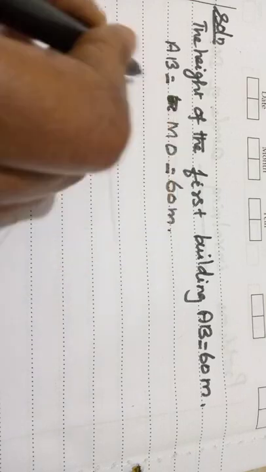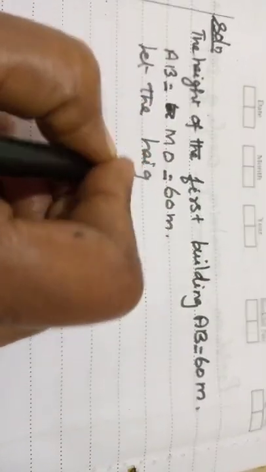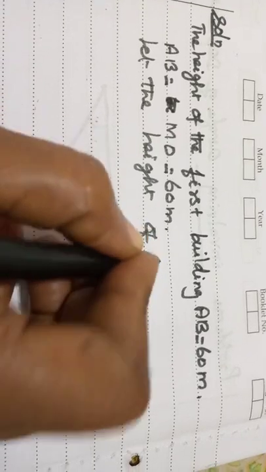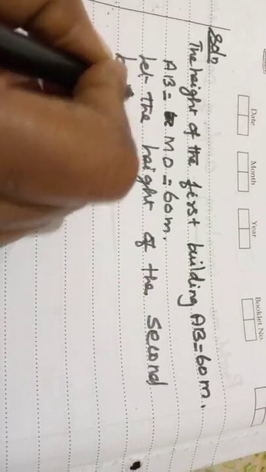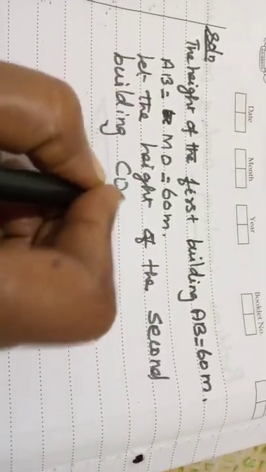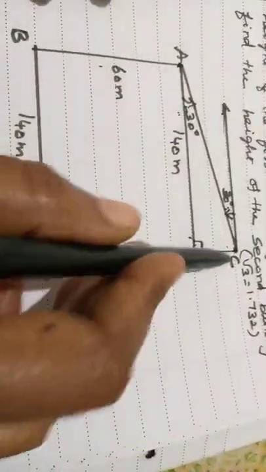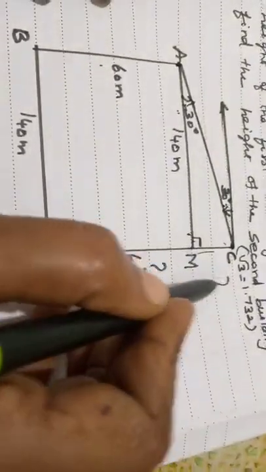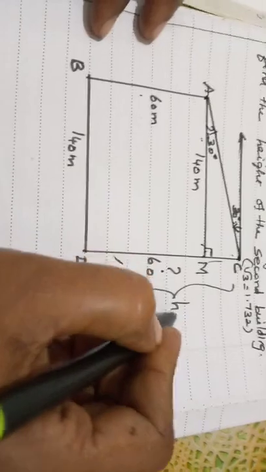Let the height of the second building CD be equal to h. This total C to D we have taken as height h meter.